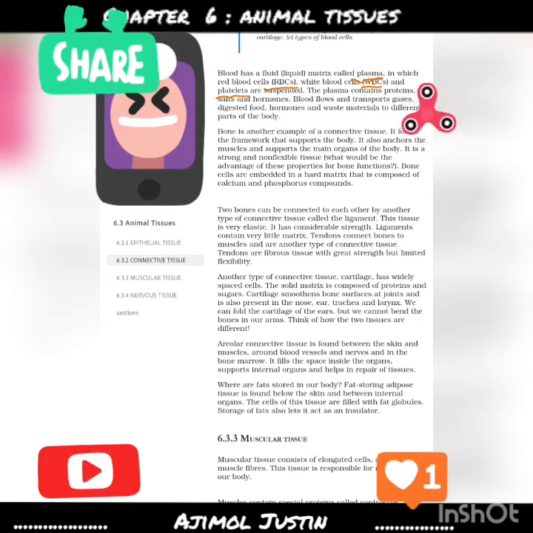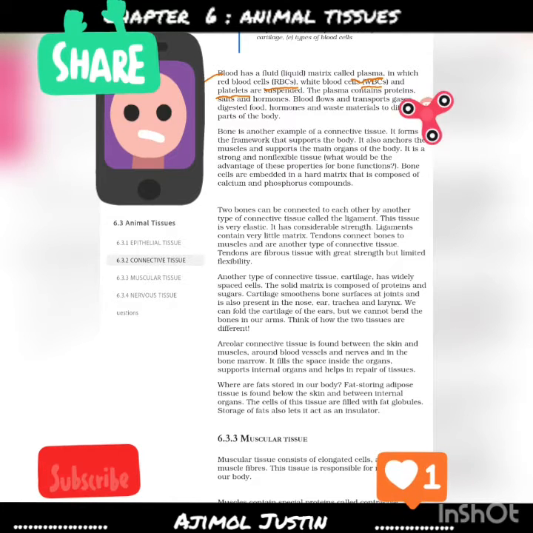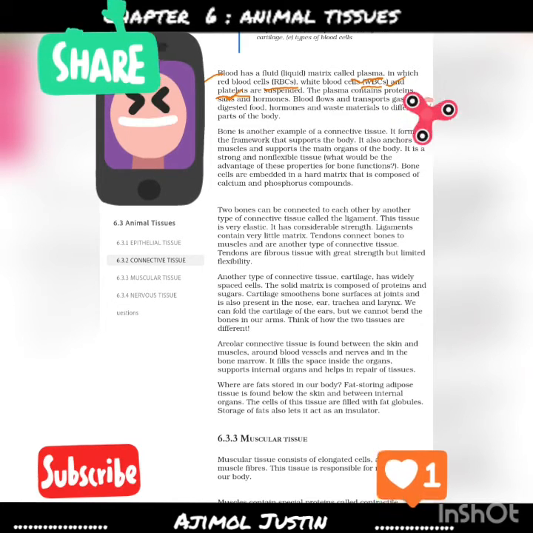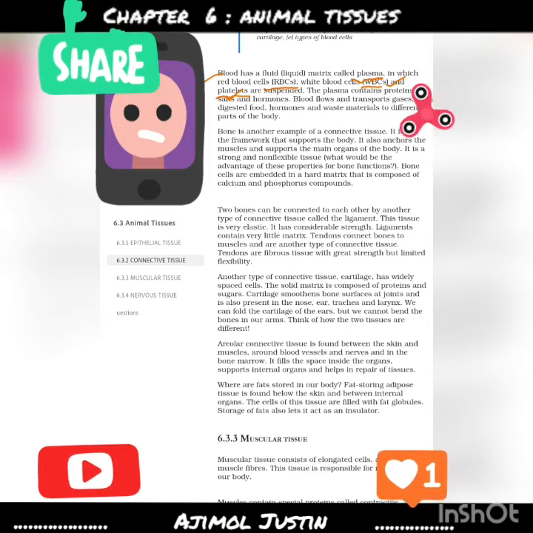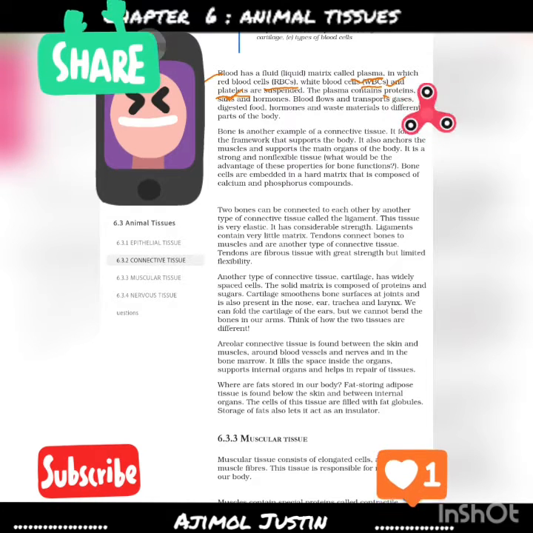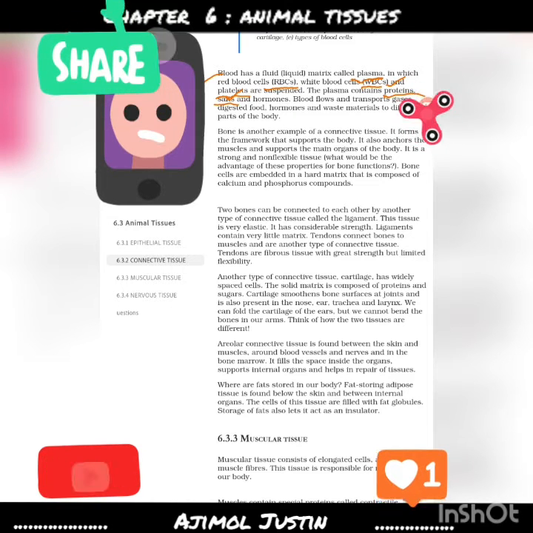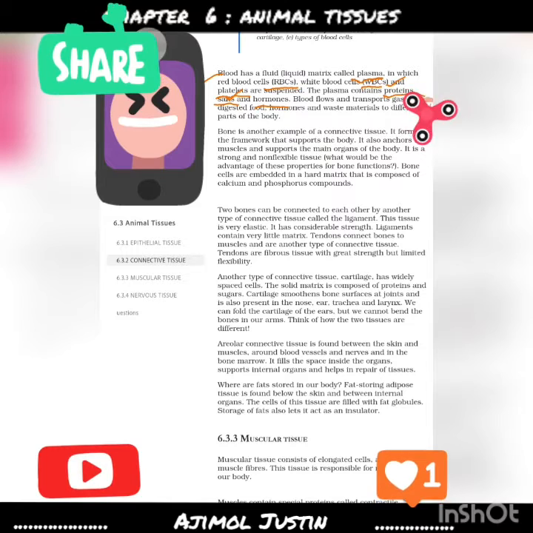Now the fluid part of the blood is called plasma. What all are present in plasma? Plasma contains proteins, salt and hormones. There are different things inside the plasma.